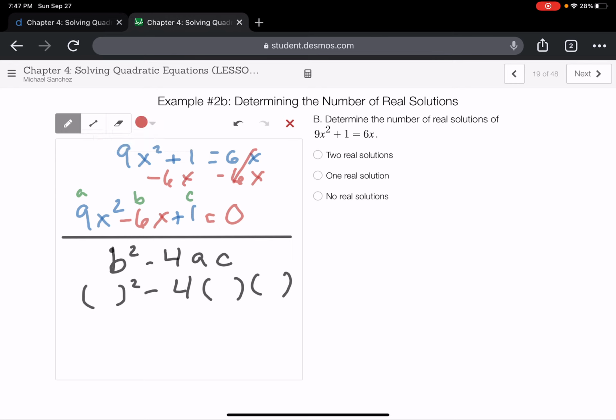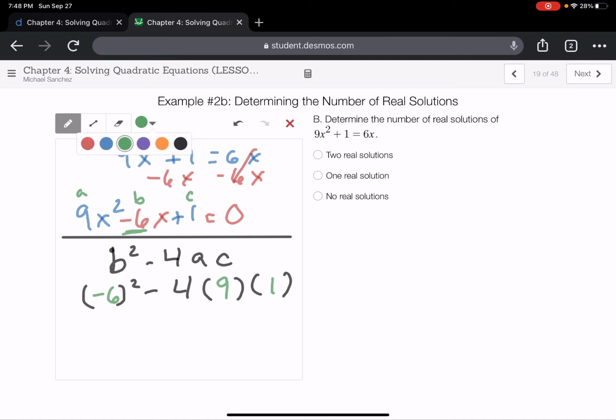I'm going to take the numbers from the equation that I have now in standard form: b is negative 6, a is 9, and c is positive 1.